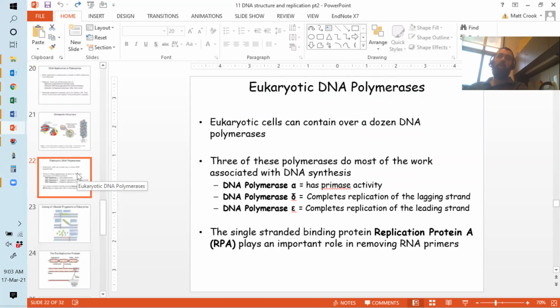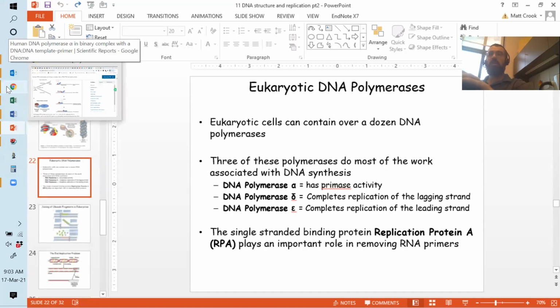And then we have one DNA polymerase for the leading strand, which is epsilon, and one for the lagging strand, which is delta, right? And those do the whole rest of the DNA synthesis. One of the questions I needed to ask for my own benefit was, how does DNA polymerase alpha do that? Because I always thought DNA polymerases can't synthesize RNA and they need the RNA primer to do their job.